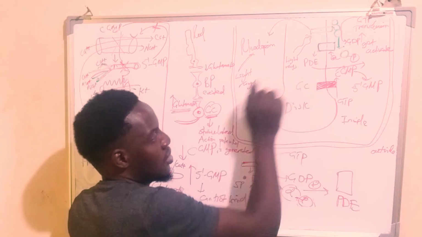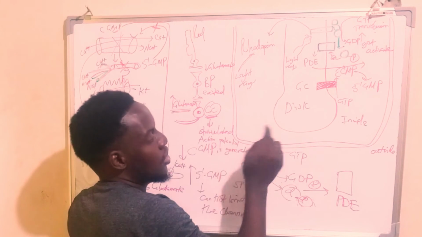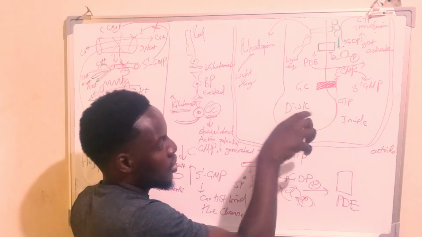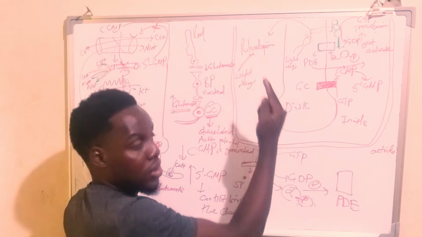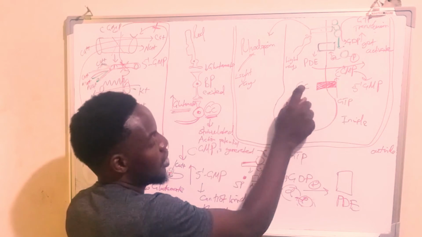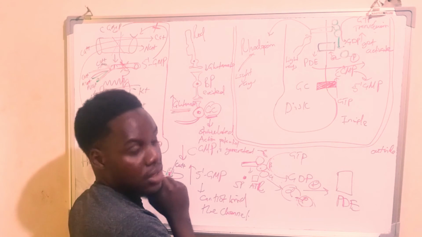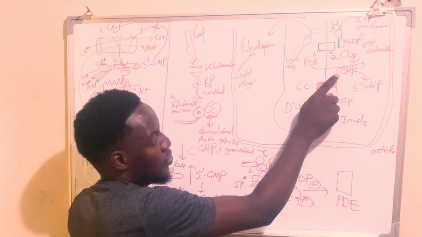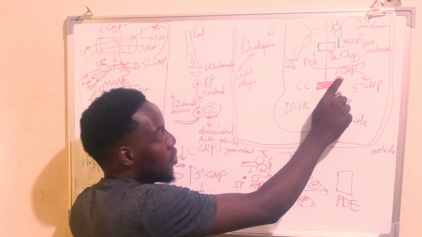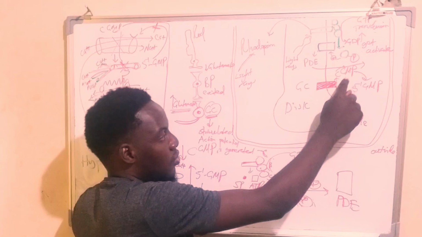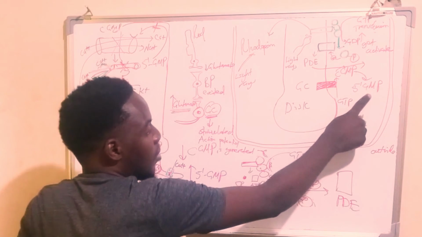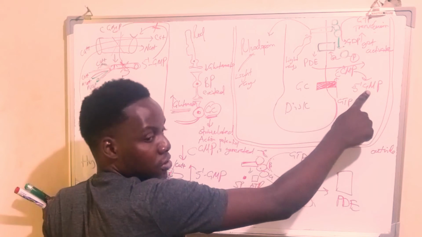When this phosphodiesterase enzyme is activated, it converts cyclic guanosine monophosphate, which during the dark was increasing in concentration because GTP was being converted to cyclic guanosine monophosphate by the enzyme guanylate cyclase, into 5' guanosine monophosphate.